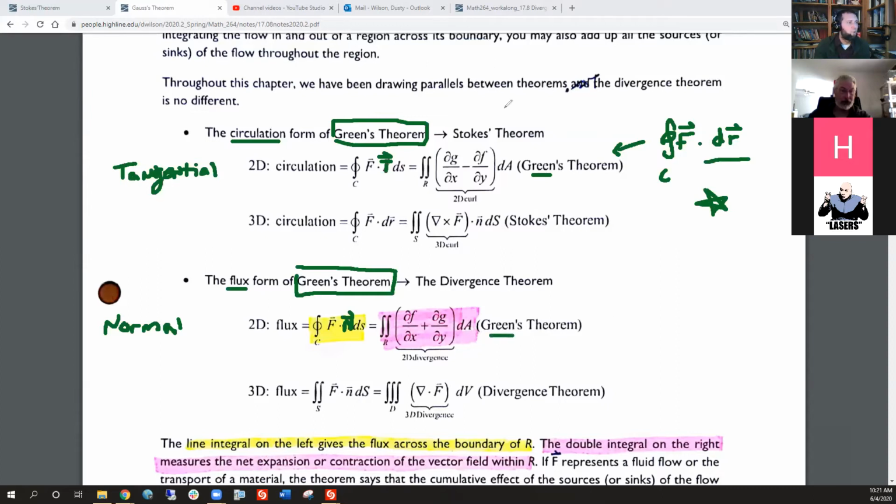Then in the previous section, 17.7, we talked about Stokes' theorem. In Stokes' theorem, we had the same bit here. These two things are the same. But now we're in 3 dimensions, and instead of the 2D curl, now we have the 3D curl.